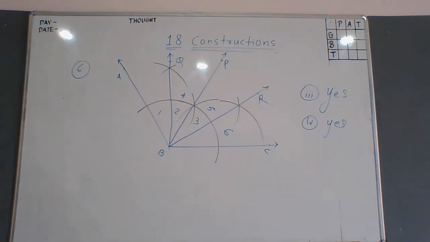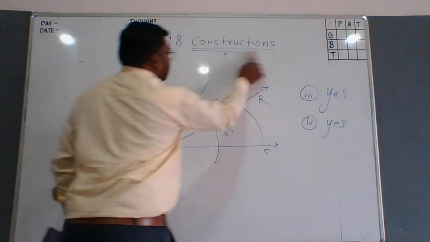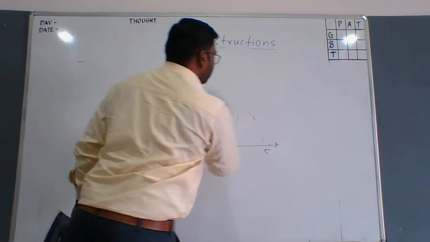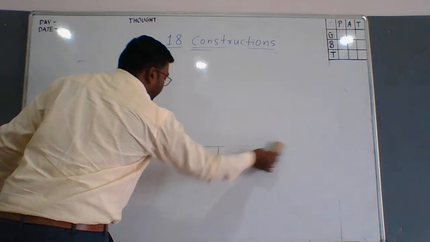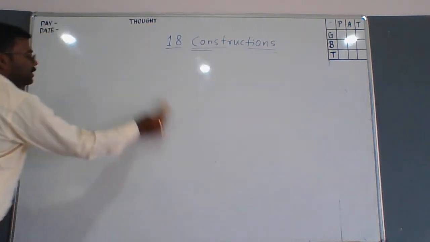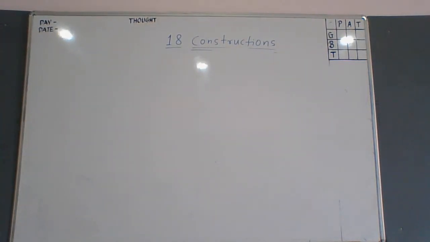Now, next constructions we are going to learn. Next basic construction is to draw the bisector of a line segment.